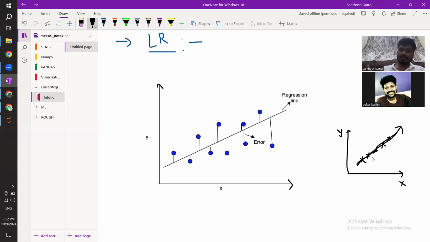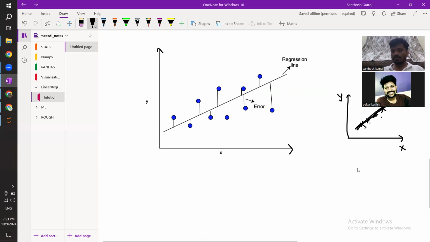In a perfect linear regression, you directly get a line. You don't need to perform any algorithm or ML, because every point is falling exactly on a straight line. Once you have these data points, you can easily find the equation of this line.